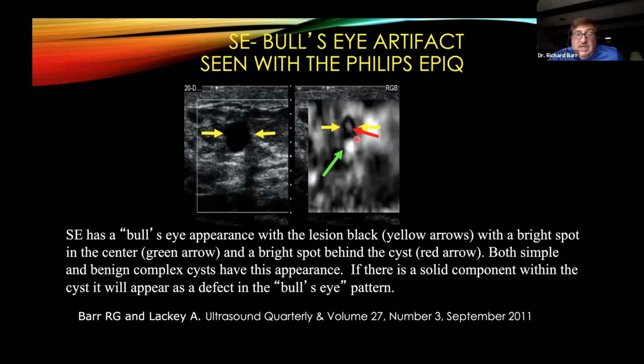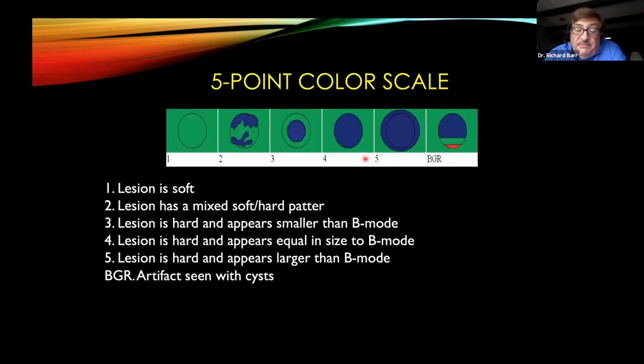We did a study, and whenever we see this, we biopsied those lesions, and they were all benign, simple or complicated cysts. So we had 100% sensitivity and specificity for using this sign to characterize a lesion as benign cystic. Now, you have to use EI setting 2 on the Philips machine to be able to do that.